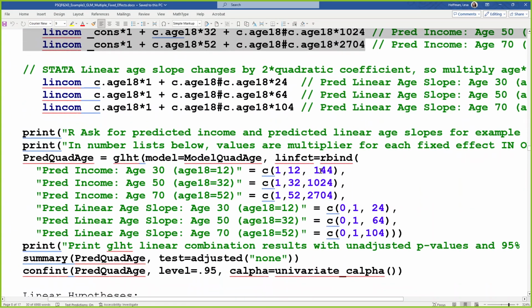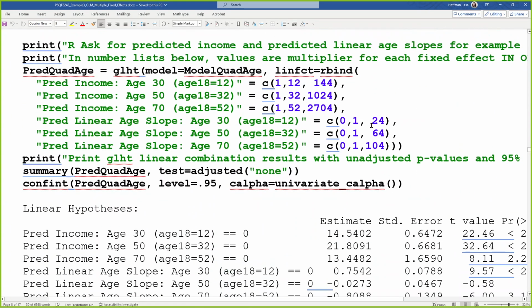The corresponding R code using glht looks like this, where the first one is I need one intercept. I need to fill in 12 for the multiplier of my linear slope, and 144 for the multiplier of my quadratic slope. So it's squared when you're generating predicted values. If you're generating predicted linear slopes, then it's the x variable value times 2 instead.